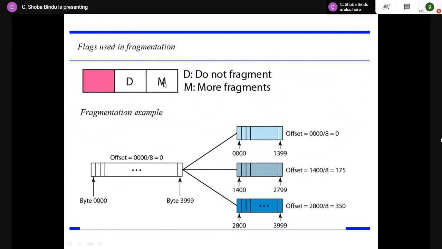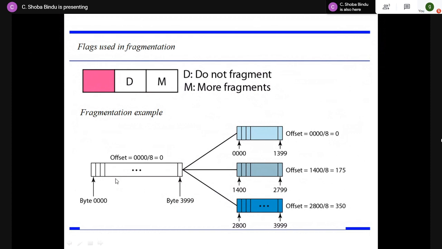For the remaining fragments, it will be set to 1.